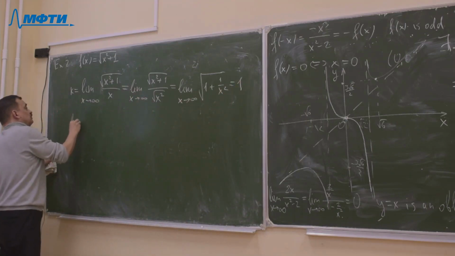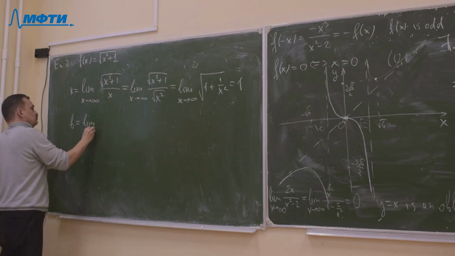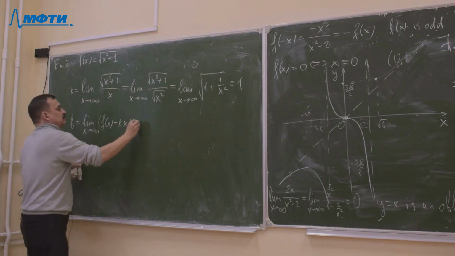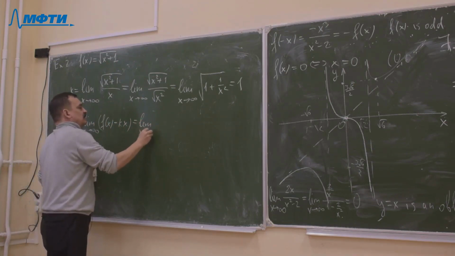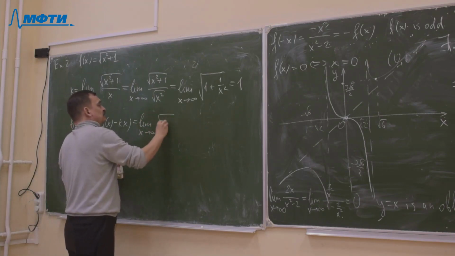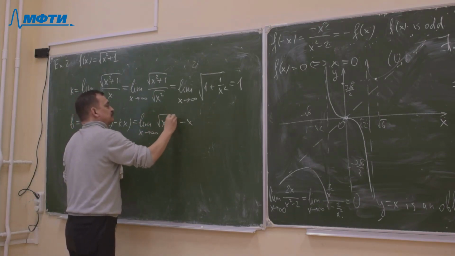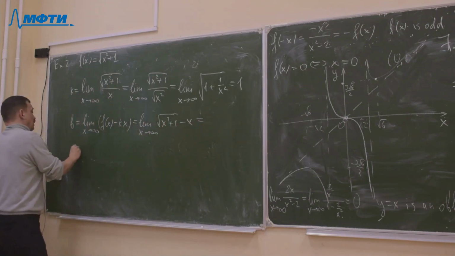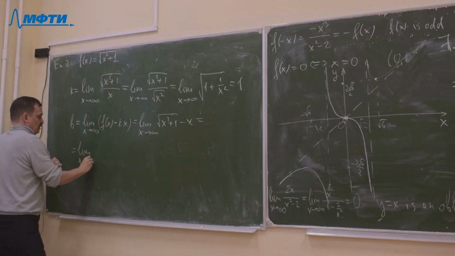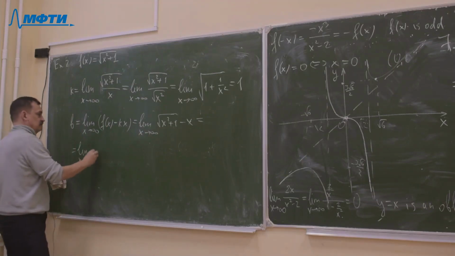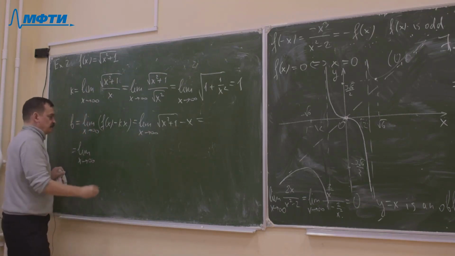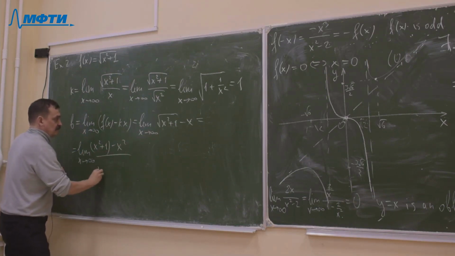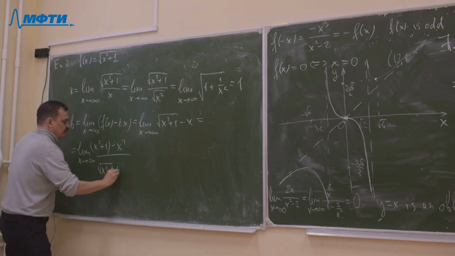After that, b equals the limit as x tends to infinity of f of x minus kx, that is the limit as x tends to infinity of square root of x squared plus 1 minus x. And how can we compute it? Multiply by the algebraic conjugate, that is the sum of those expressions. It gives x squared plus 1 minus x squared over square root of x squared plus 1 plus x.